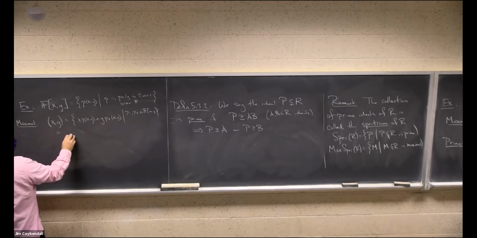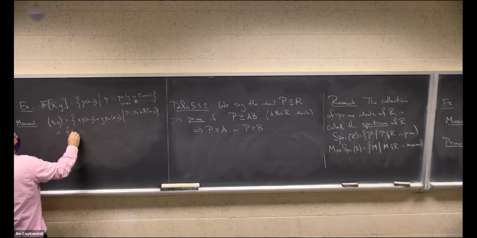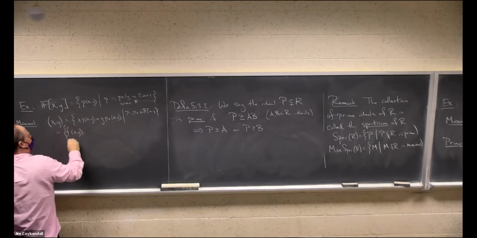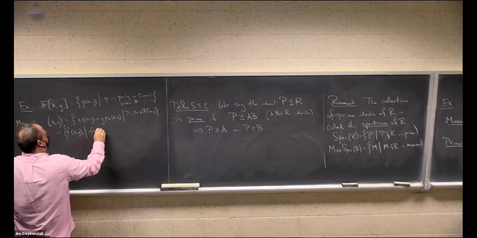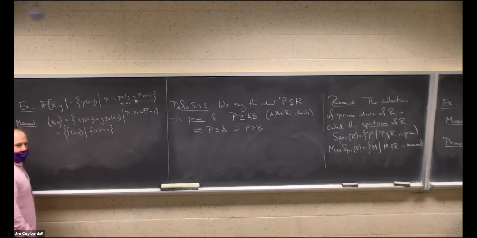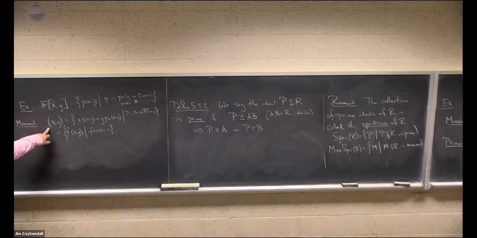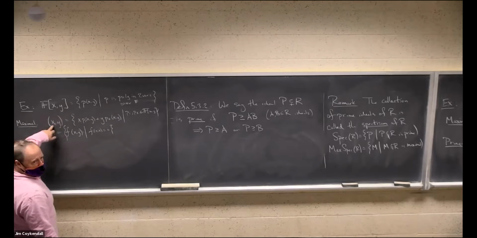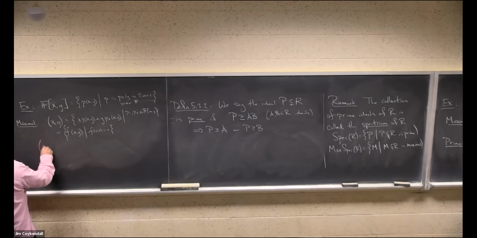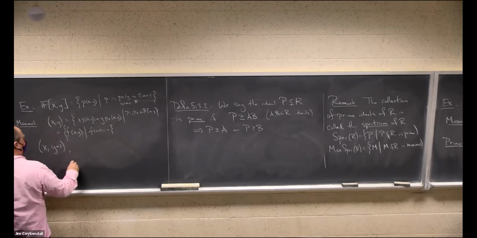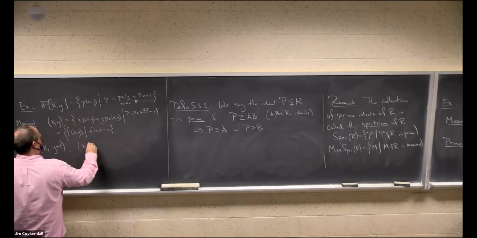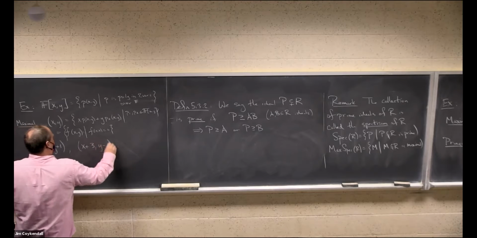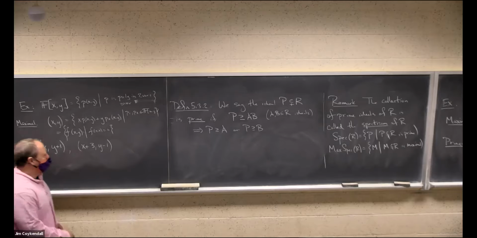Another way to look at this is the set of f(x, y) such that f(0, 0) equals 0. This is in fact a maximal ideal. This is basically all linear combinations of x and y. So is this. So is this. These are all maximal ideals.